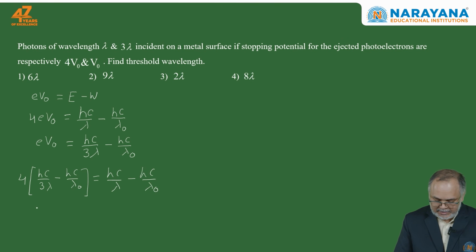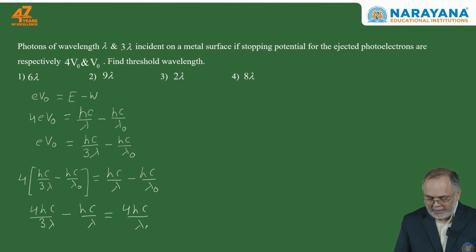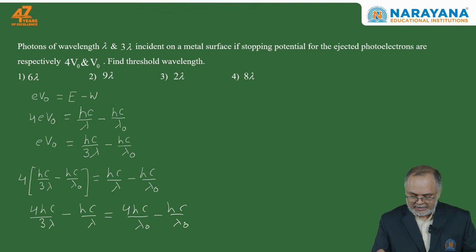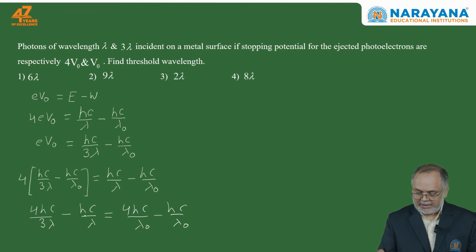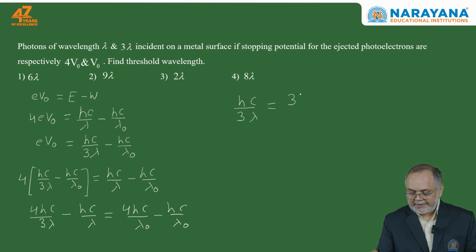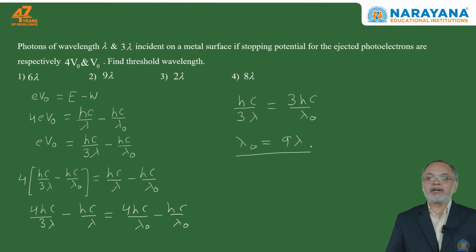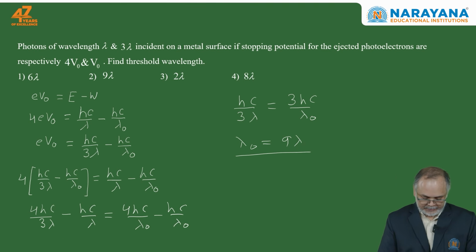And if we simplify this, we will get 4 hc by 3 lambda minus hc by lambda is equal to 4 hc by lambda naught minus hc by lambda naught. And from here, we will get the value of lambda naught. If you solve this one, 4 by 3 minus 1, so that is hc by 3 lambda is equal to 3 hc by lambda naught. So lambda naught is equal to 9 lambda. So that is the answer for this problem.